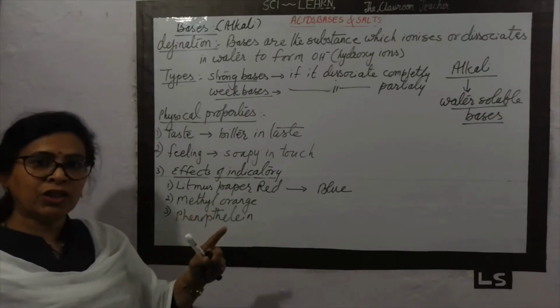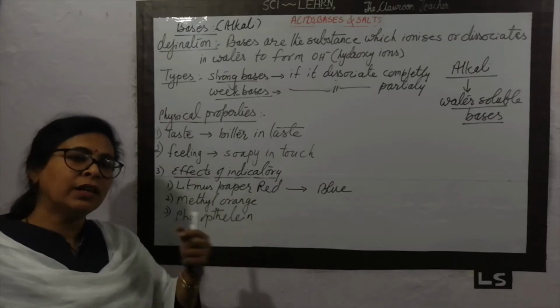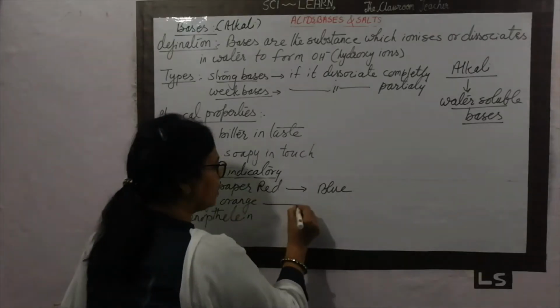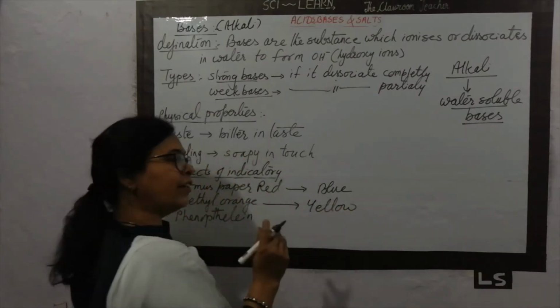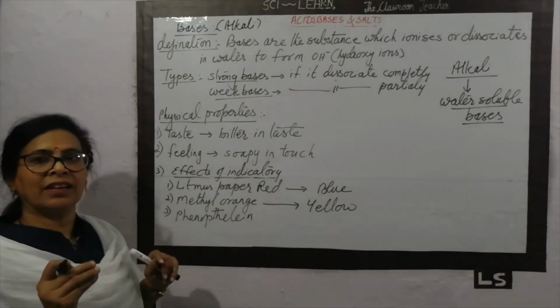Second is methyl orange. In acid, methyl orange converts to pink. Here the color converts to yellow. If the methyl orange converts to a yellowish color, then it is basic in nature.